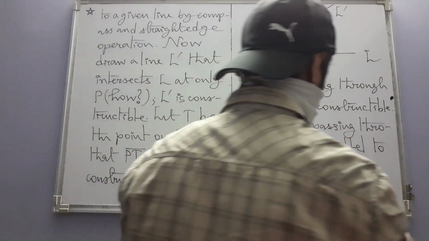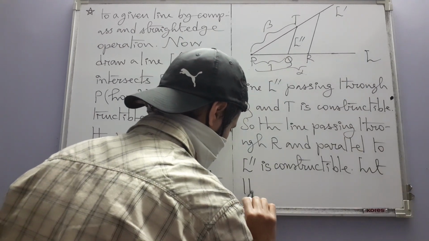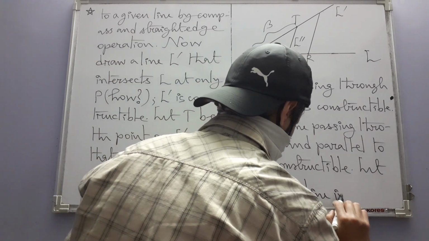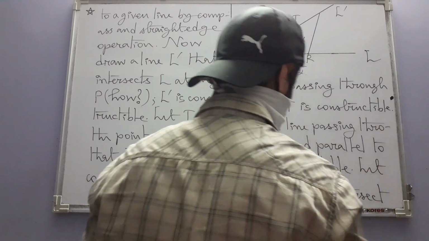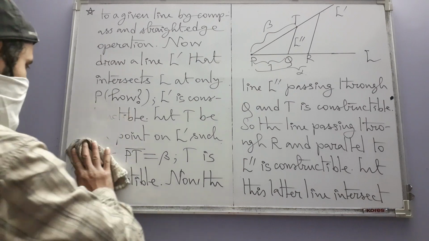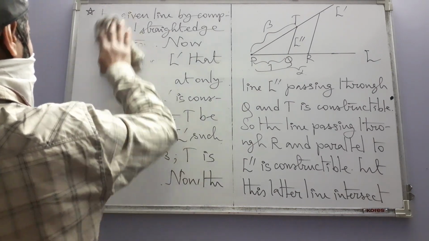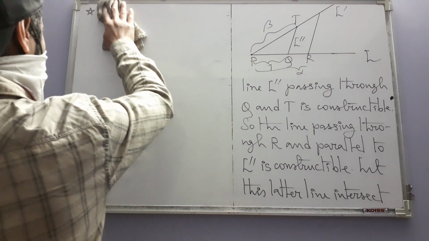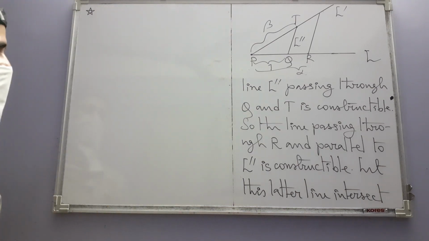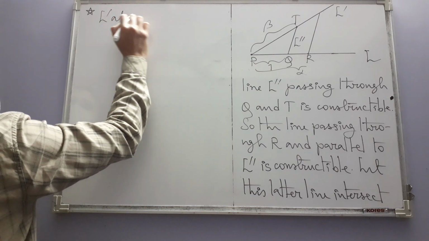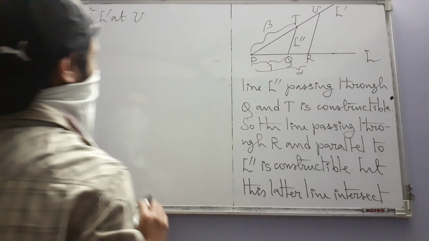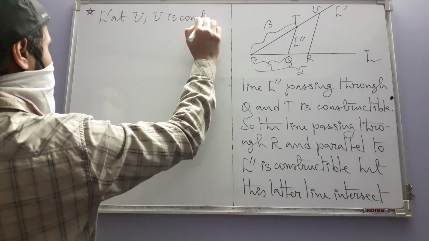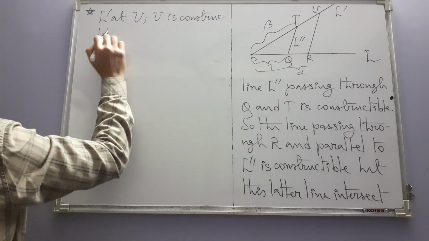Let this latter line intersect L prime at U. Then U is constructible.